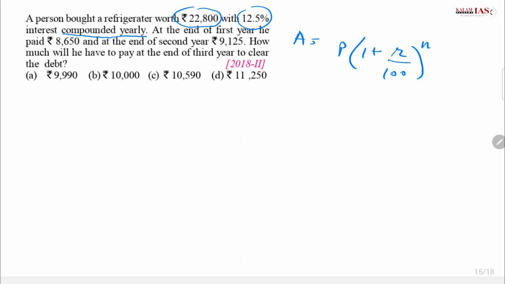At the end of the first year, the person paid 8,650, and at the end of the second year, he paid 9,125. How much will he have to pay at the end of the third year to clear the debt?